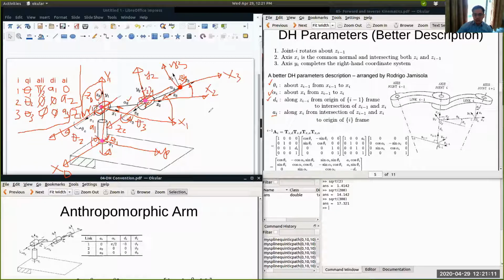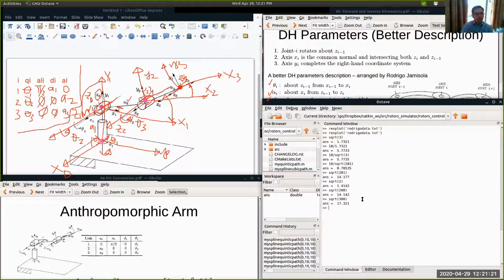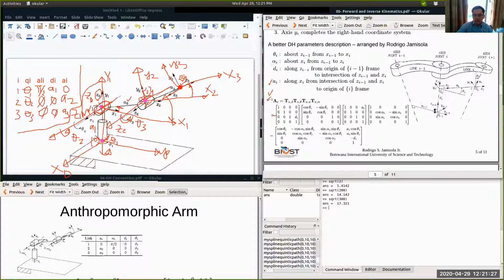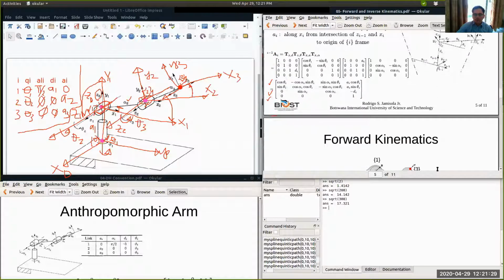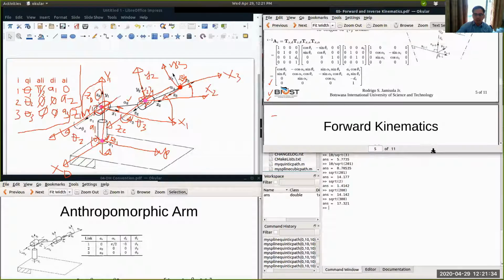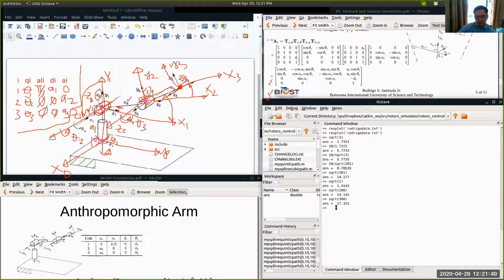So now, for example, we are going to use MATLAB. Okay, so we know the DH. Now let's go here. So we have to make a rotation.